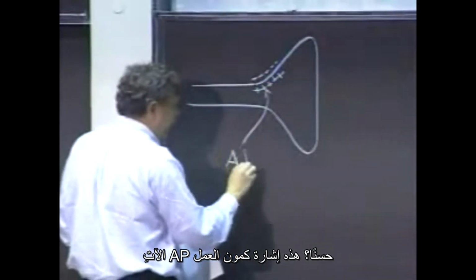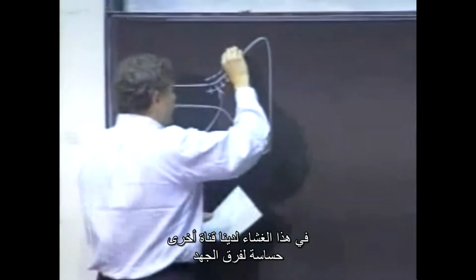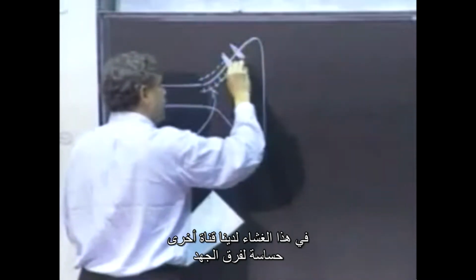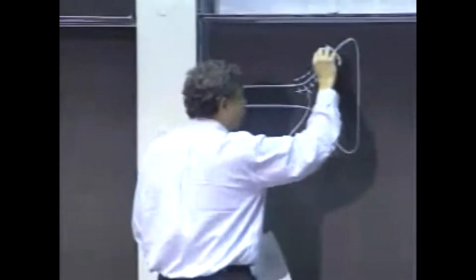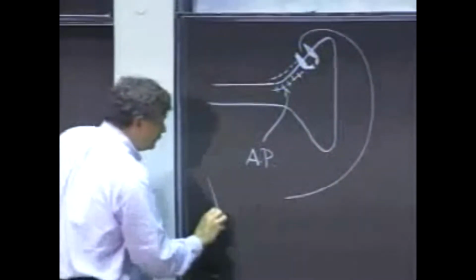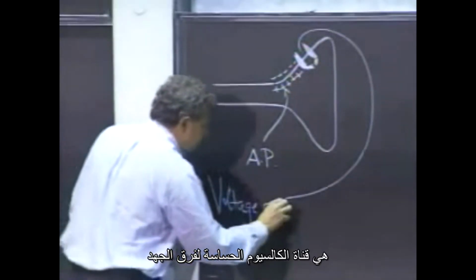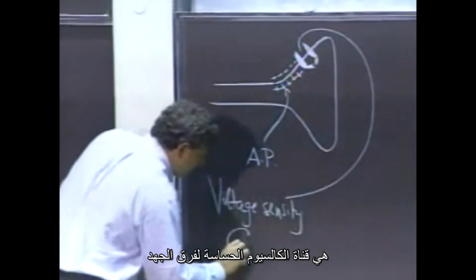Okay, so this is the sign of an action potential, an AP coming down. In this membrane, we have us another voltage-sensitive channel. This voltage-sensitive channel is a voltage-sensitive calcium channel.